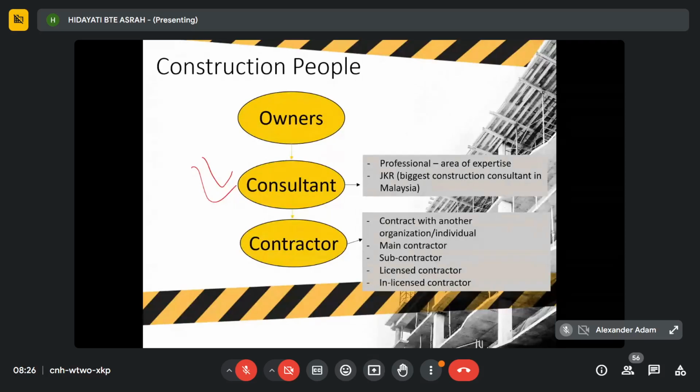So you, the owner, want to construct a high-rise building, for example a hotel. You have money, you want to construct a hotel, so you have to meet with the consultants in order to get advice. They will give consultation on the proposed project to build.